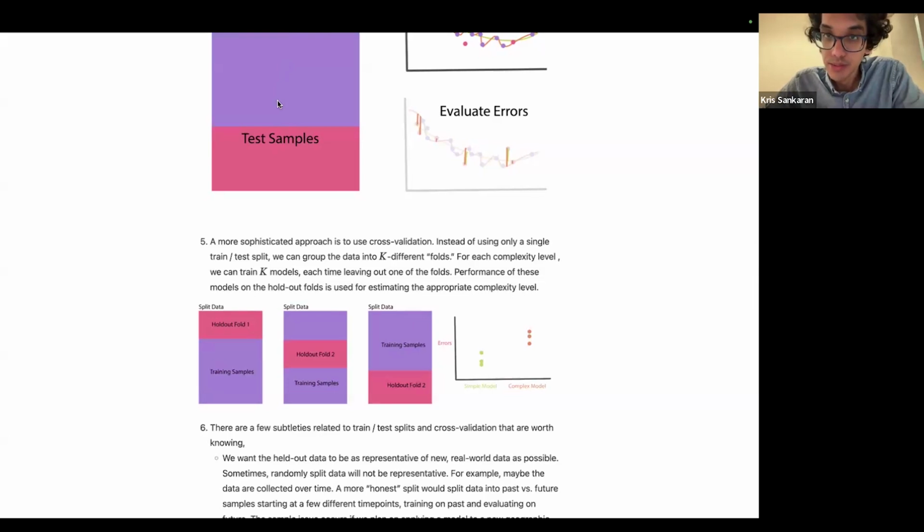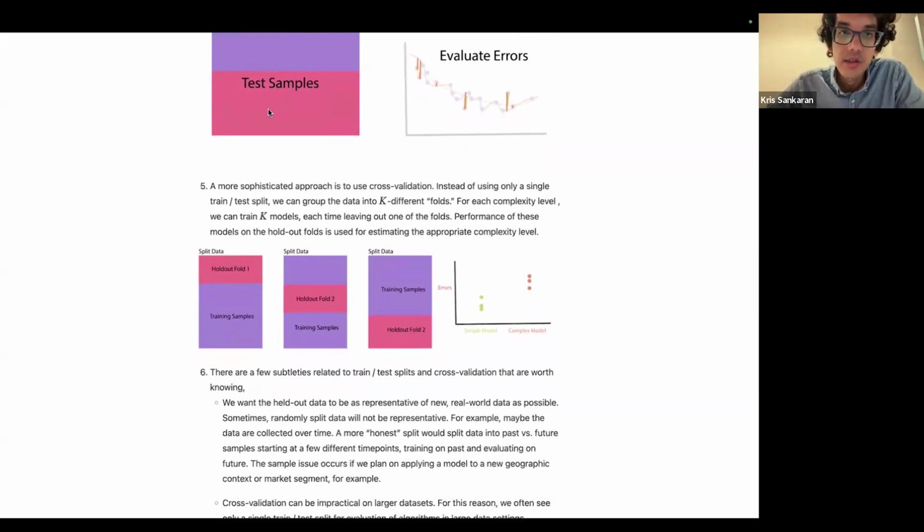You can improve on this a bit, right? With train test, you only have one split, so it only gives you one estimate of how good the generalization would have been. If you want a better estimate, you can try aggregating this many times. One simple way of doing it is to divide the data into k groups, train on one group, evaluate on the other, then hold out a new group, train on everything else, and evaluate on the one that's left.